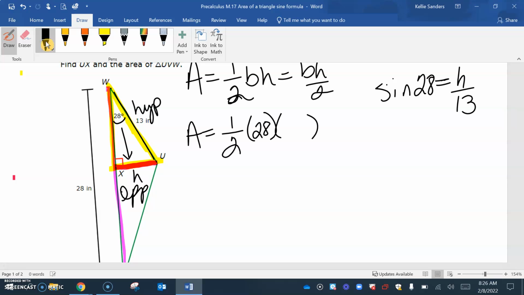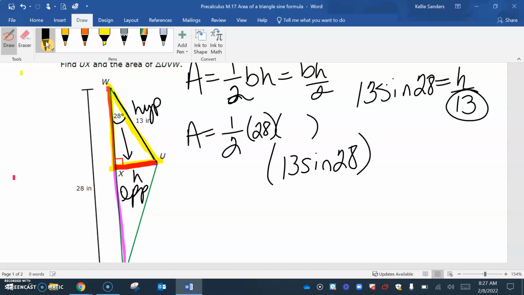And to find H, we'll take this 13 and put it in front of here. So H is 13 sine 28.